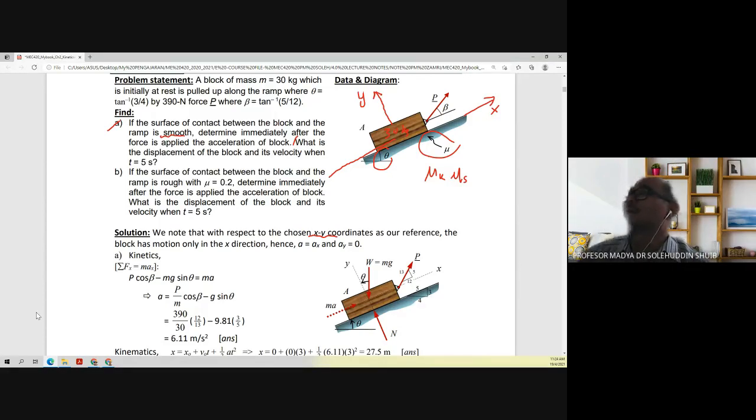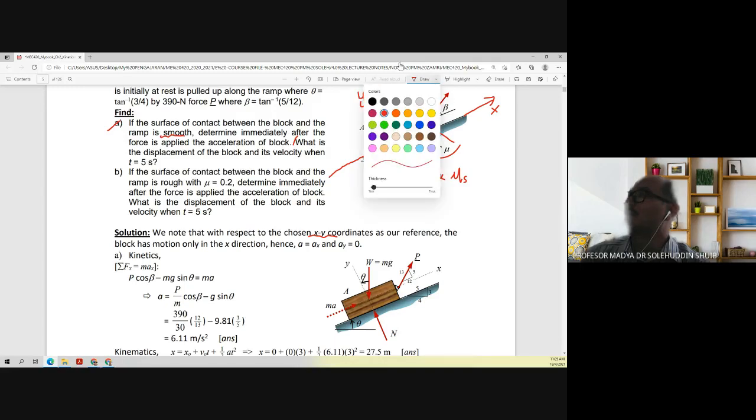So the free body diagram of this one. If you take x and y as the datum, can anybody share your thoughts on how to draw the diagram?